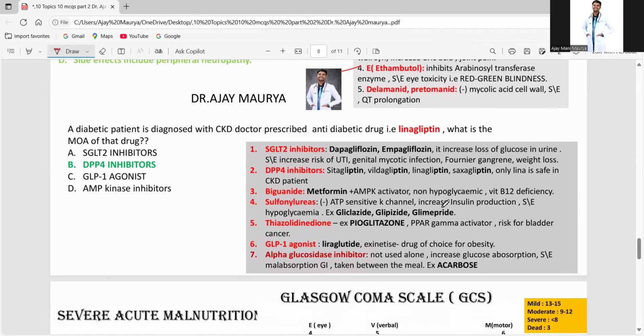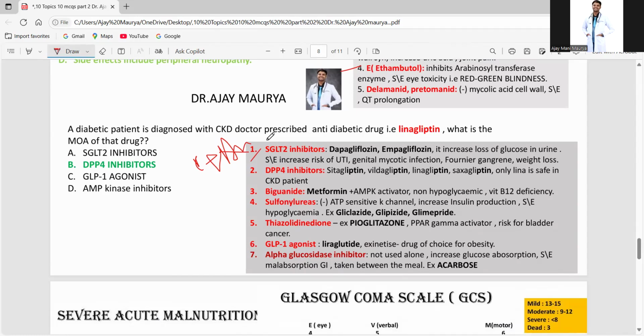Coming to the diabetic drugs, you have to remember the SGLT2 inhibitors like dapagliflozin. Remember, this causes loss of glucose in the urine. The side effects are UTI, genital mycotic infection, Fournier's gangrene, and weight loss. Remember, this is the drug of choice in cardiac issues plus diabetes mellitus.